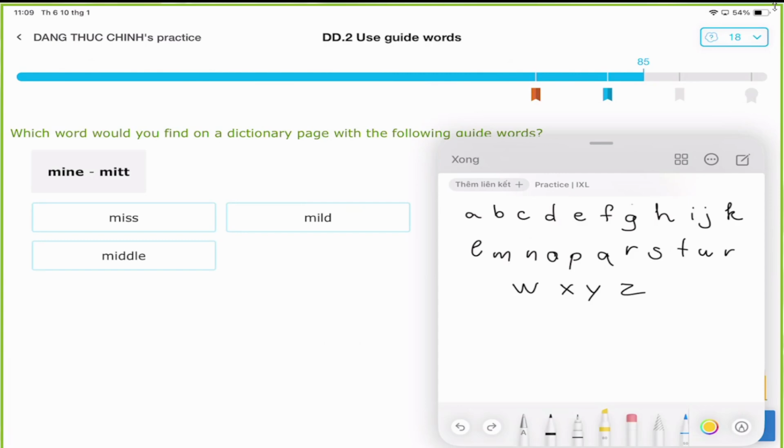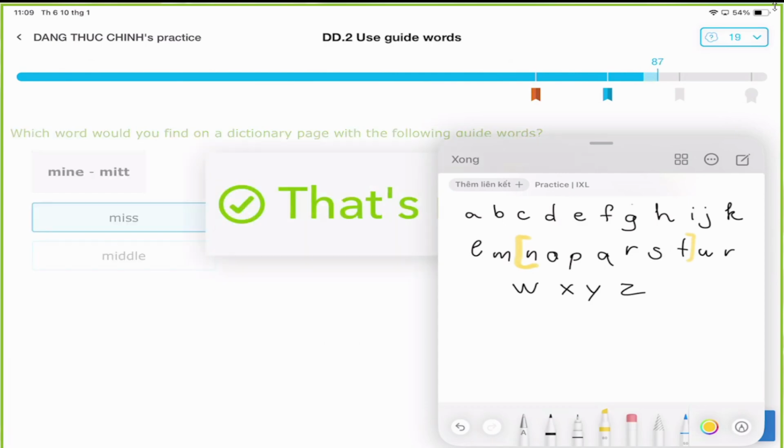Next up, mine and mint. Between N and T. N and T. Miss. S is standing in between, but let's check the other two. L comes before N, so no. D also comes before N, so no. Only miss.